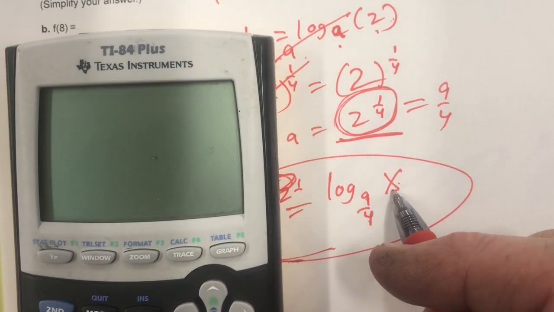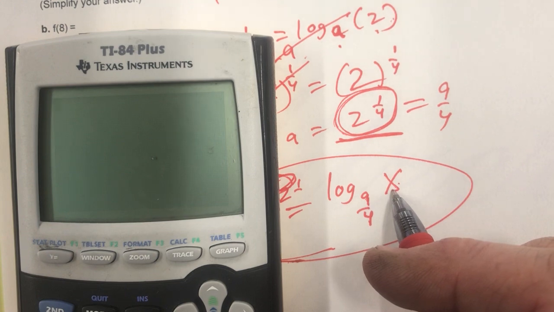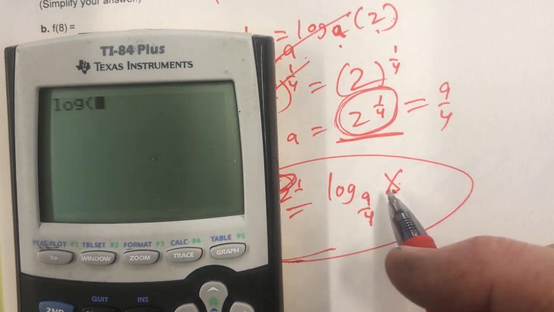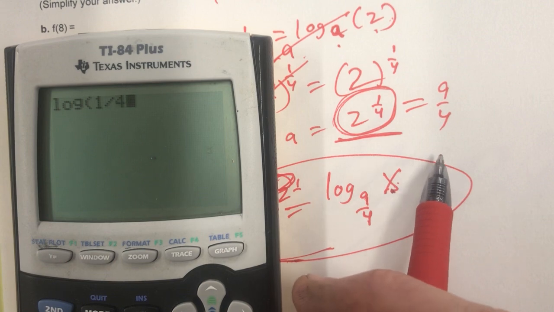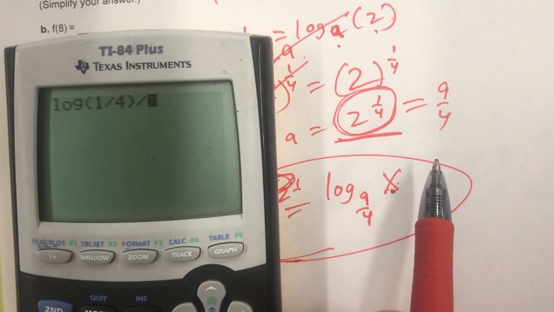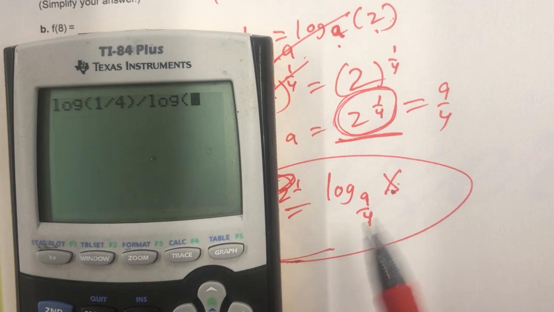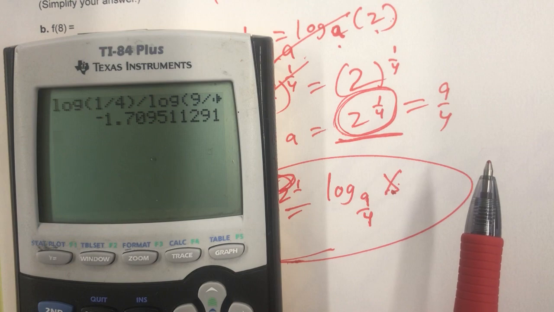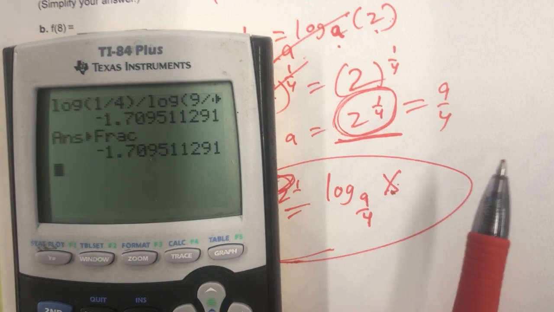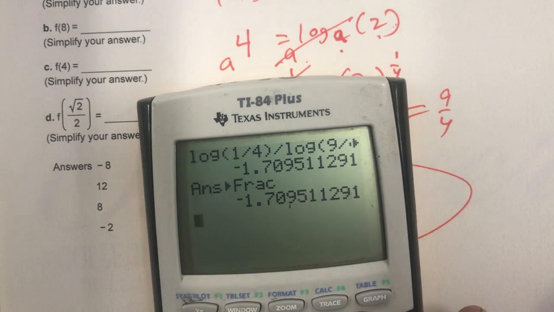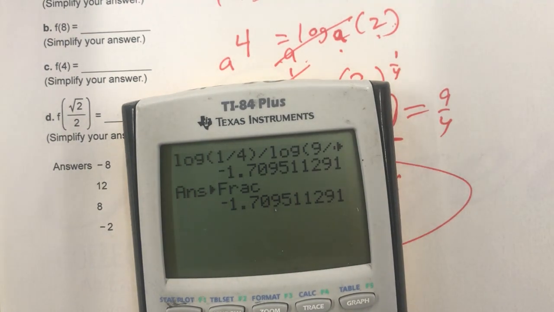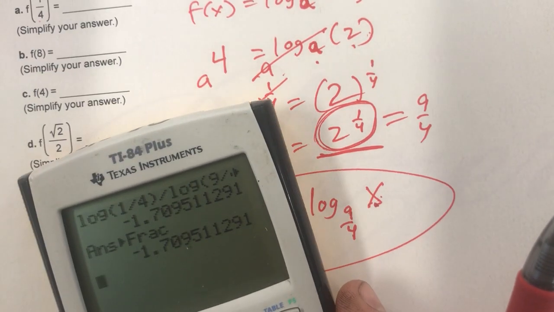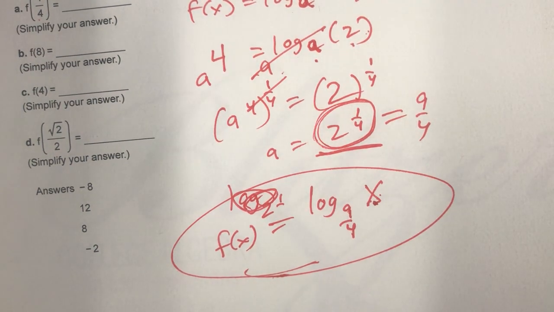So as I type that in, okay, it's going to be log of 1/4 divided by log of 9/4. And okay, that didn't come out right. Well, I may have made a mistake.